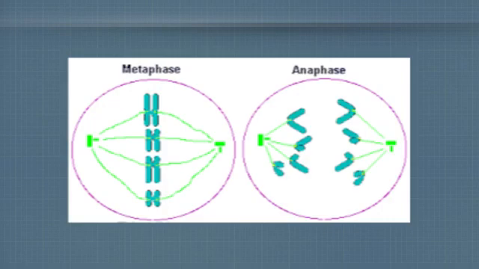Metaphase chromosomes have 2 chromatids, whereas anaphase chromosomes have only 1 chromatid. The functional unit of chromosomes is the chromatid in crossing over, cell division and in cell segregation.